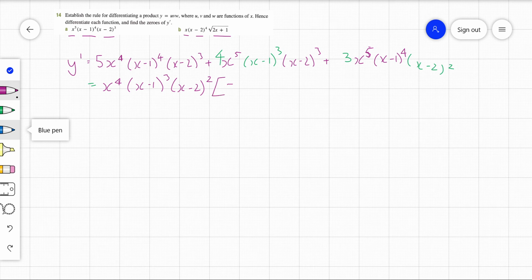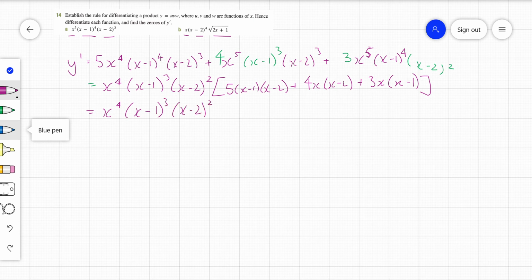So in the first one, we've still got a 5, and we've still got an (x minus 1) and an (x minus 2). In the second term, we've still got a 4 and an (x minus 2). In the last term, we've got a 3x and an (x minus 1). So this would be handy if you're finding a stationary point, perhaps, when you want to set it to 0.